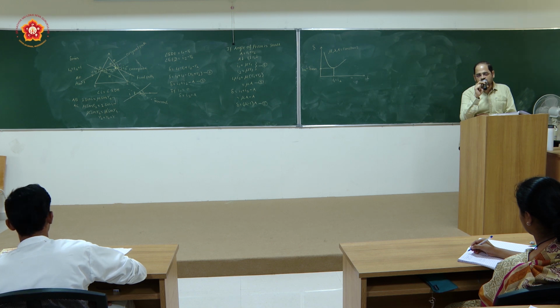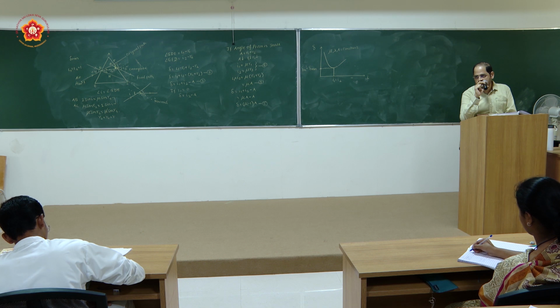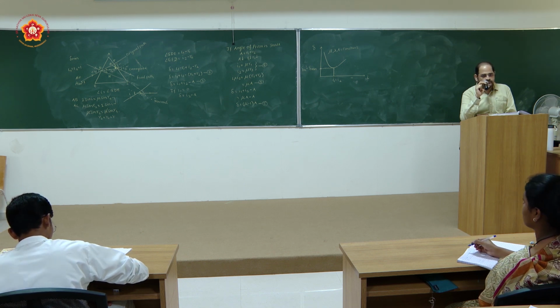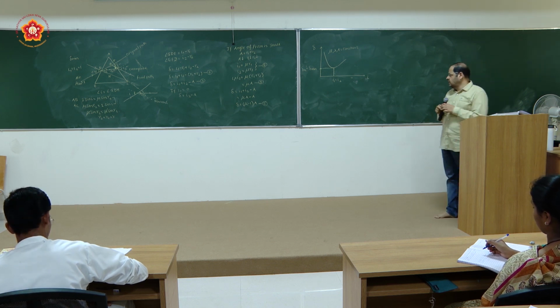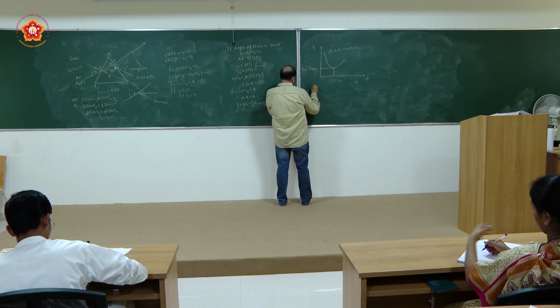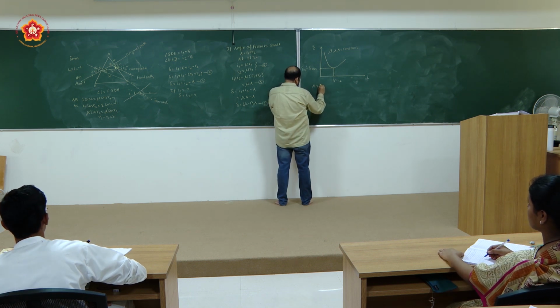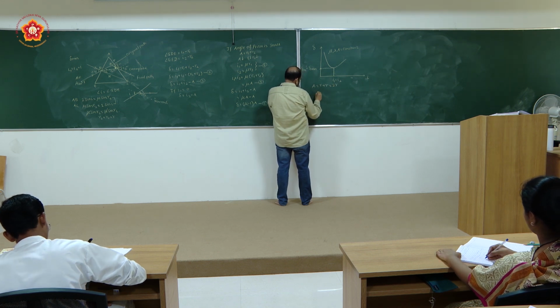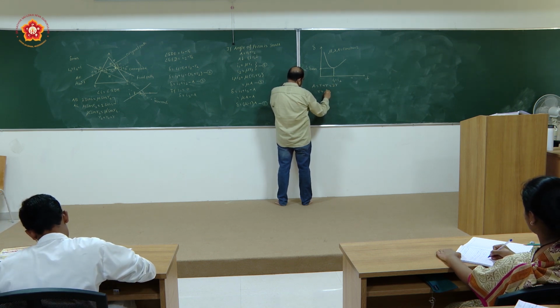So R1 is also equal to R2. So under this situation, can I write down the angle of prism A is equal to R plus R is equal to twice R. So you will be having R is equal to A by 2.